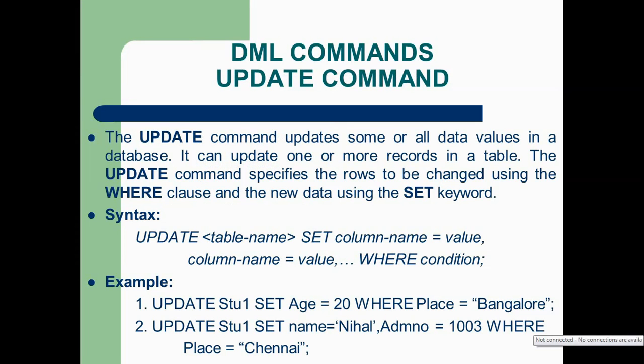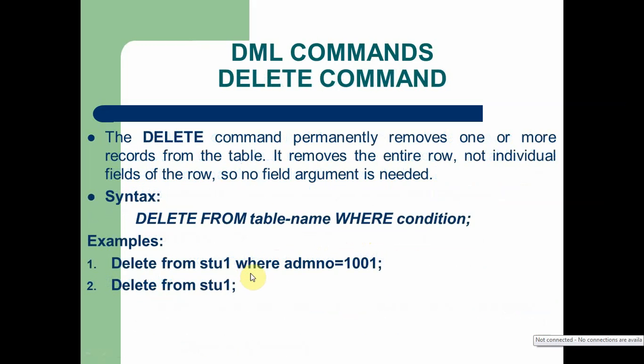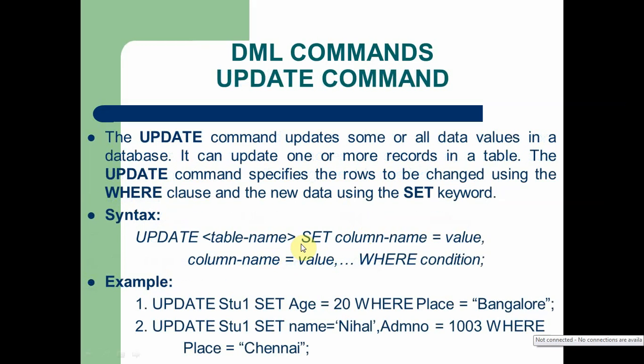In the syntax, you can see UPDATE table name SET column name is equal to value. Here you specify the column name of the table and the new value for this column. If you want to add more columns, you can simply add the column name is equal to the new value for that particular column. There must be a condition, that is, the column name should refer to this table, and a WHERE condition.